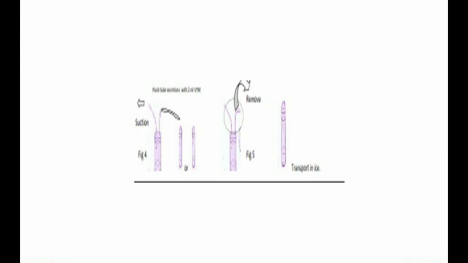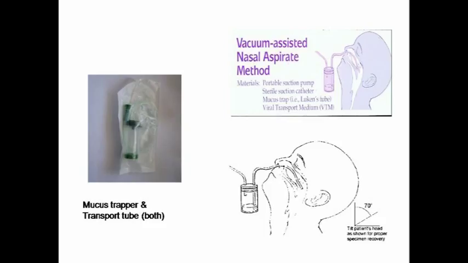I'm sorry, here it is clear, but during the transition it is not there. So you have to remove this particular component after sucking the viral transport medium. Whatever is trapped inside these tubes is sucked. So this is the mucus trapper plus transport medium, two purposes in one tube.